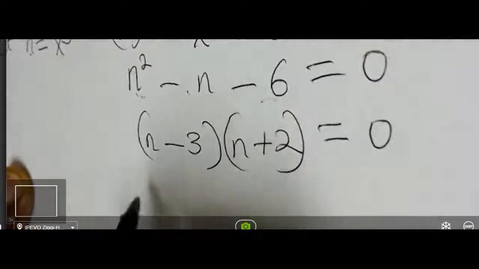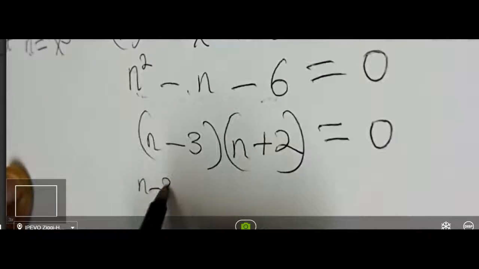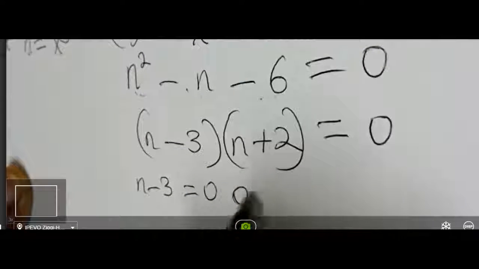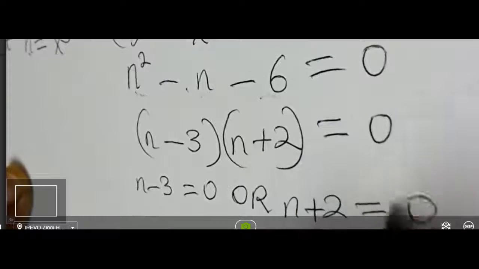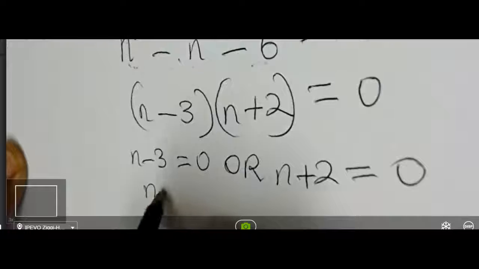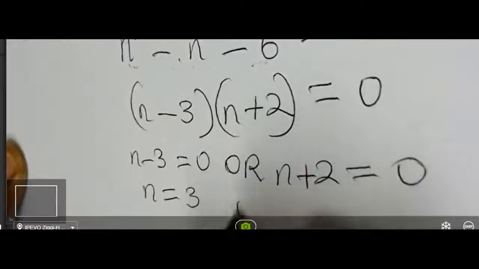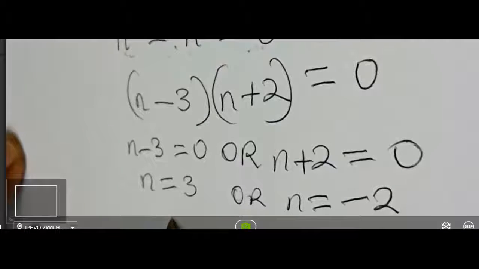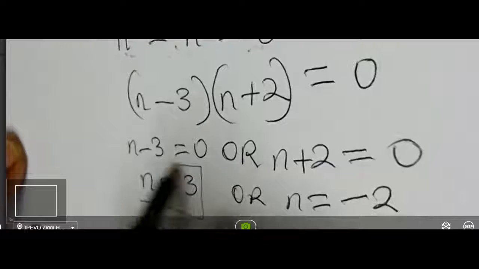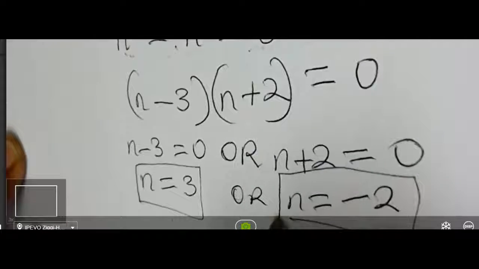So either n minus 3 is equal to 0, or n plus 2 is equal to 0. So n is equal to 3, or n is equal to negative 2. And we need to check for extraneous solutions.